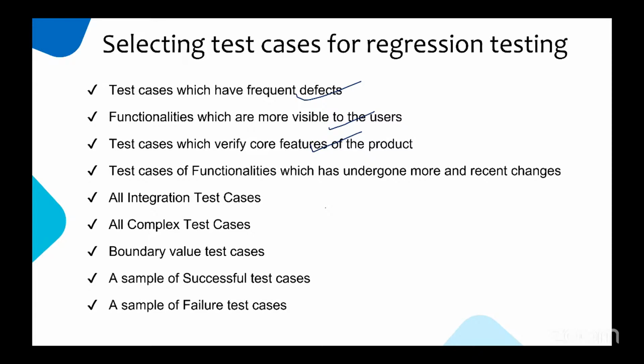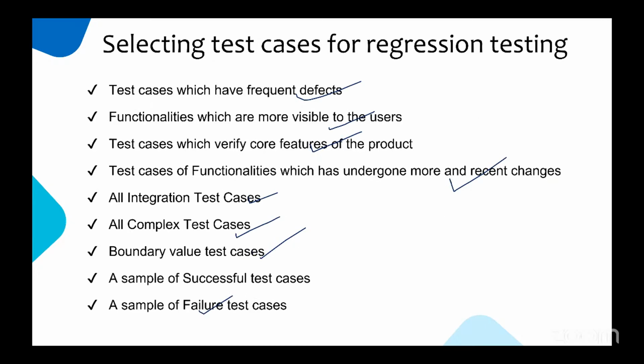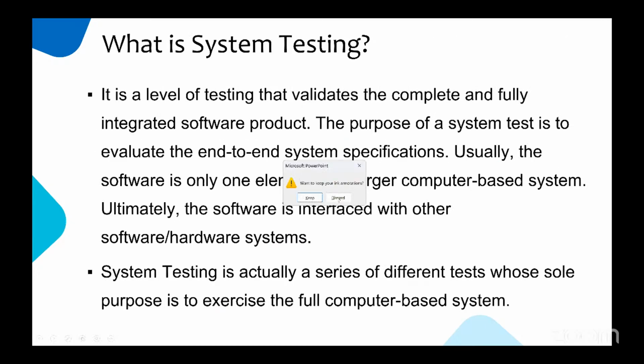Verify core features, non-core features, important features. Features that have undergone more and recent code changes, integration test cases, complex test cases, boundary values, all these things we will see. And test cases which already failed. All these we have to consider in order to choose the regression testing. So that's about these three types of testing.